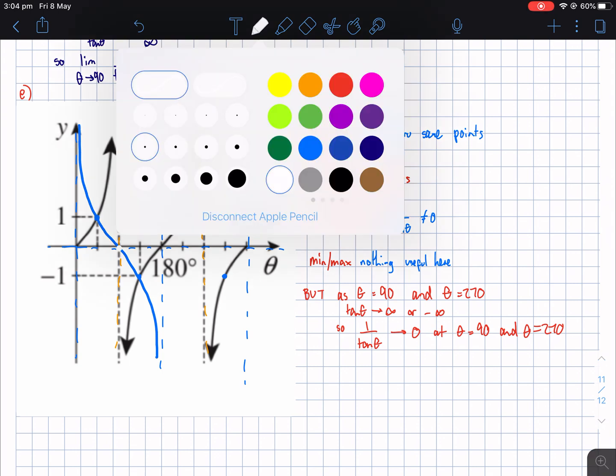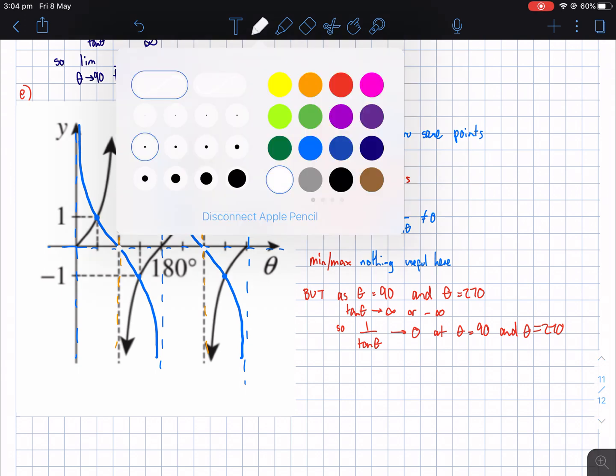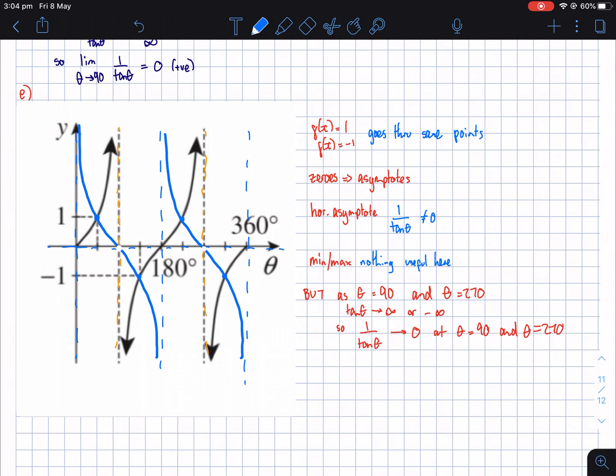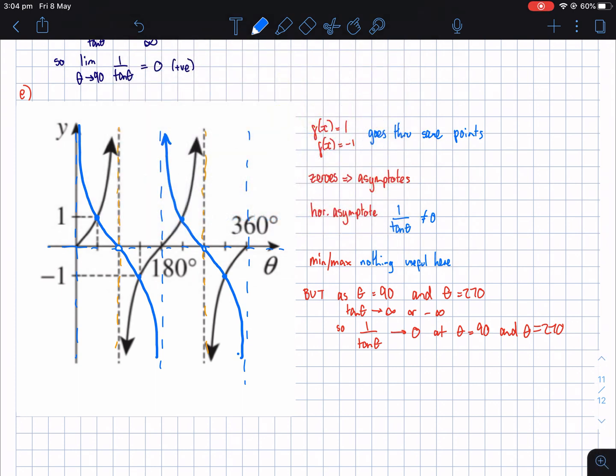Yes, I was right. So we go through here, and we know that at tan theta's vertical asymptotes, we're going to tend towards 0, but we can never actually be equal to 0. So it's going to look more like a hole at those points. Yeah. Cool.